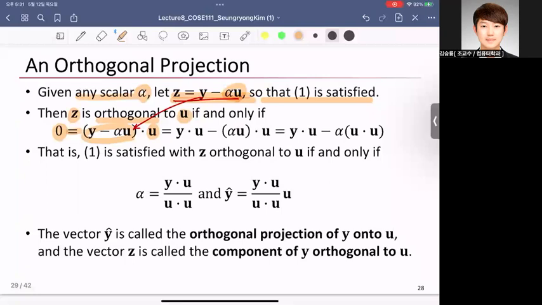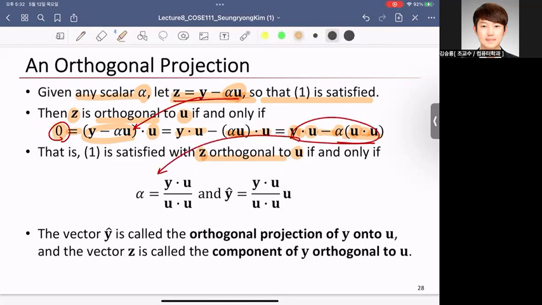Then y inner product u minus alpha u inner product u is equal to 0. So z is orthogonal to u if and only if this holds.